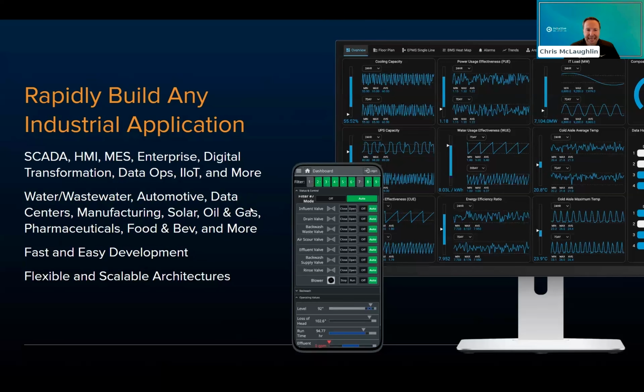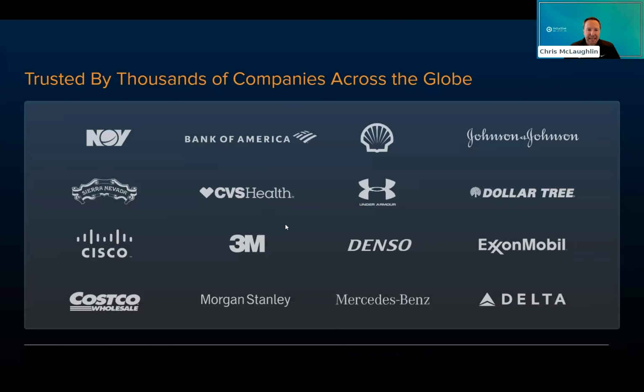This is just a tiny, tiny fraction. Almost any industry that you could think of, Ignition is going to play there. Of course, there's a ubiquitous screen that shows off some major client names. These are just a fraction of a fraction. There are thousands of names that you would recognize. There are over 88,000 installations, but you've got to show off that screen at least a little bit.